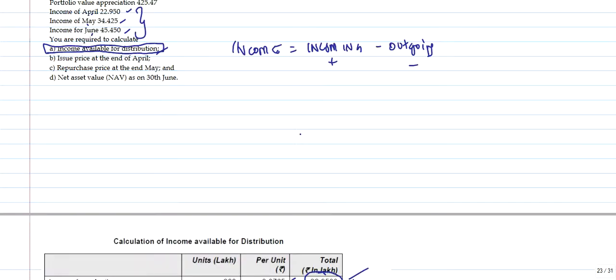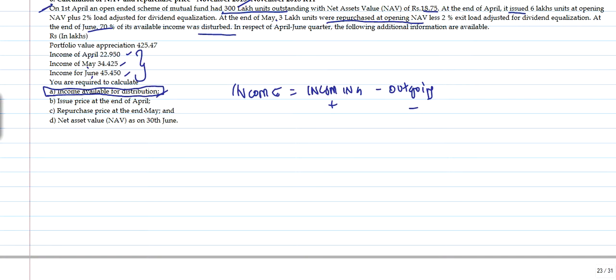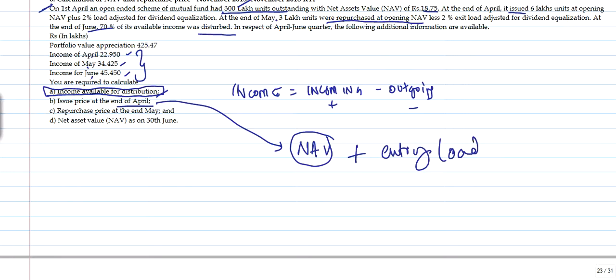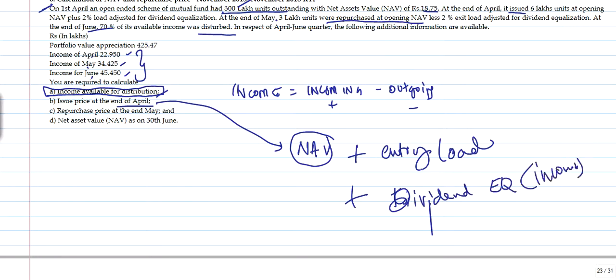So the next question is the issue price at the end of April. For NAV we have to add entry load, and we have dividend equalization also, right? So dividend equalization income is also there. Whenever we issue, we collect entry load. Whenever we redeem, we collect exit load.